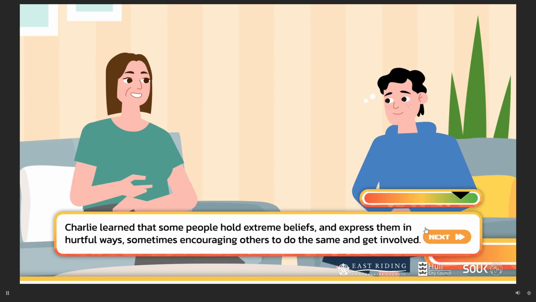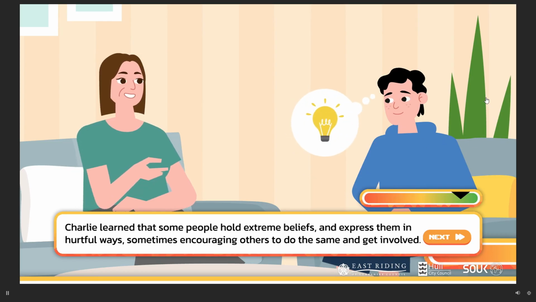Charlie learned that some people hold extreme beliefs and express them in hurtful ways, sometimes encouraging others to do the same and get involved. I've realized that this video probably stars a high school student because it's made for middle schoolers who look up to high schoolers, and that's why they're explaining things like they're talking to a baby.